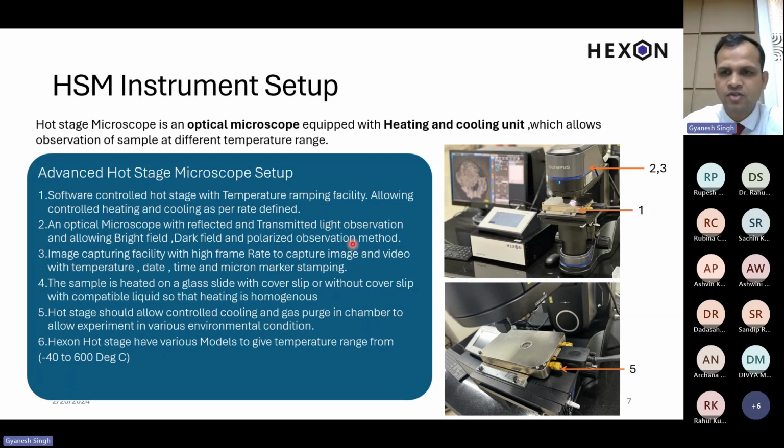Point one, here we are talking about this stage, a software-controlled hot stage with temperature ramping facility. Ramping facility means you can reach a temperature, stay there for a time, and then go to the next temperature.